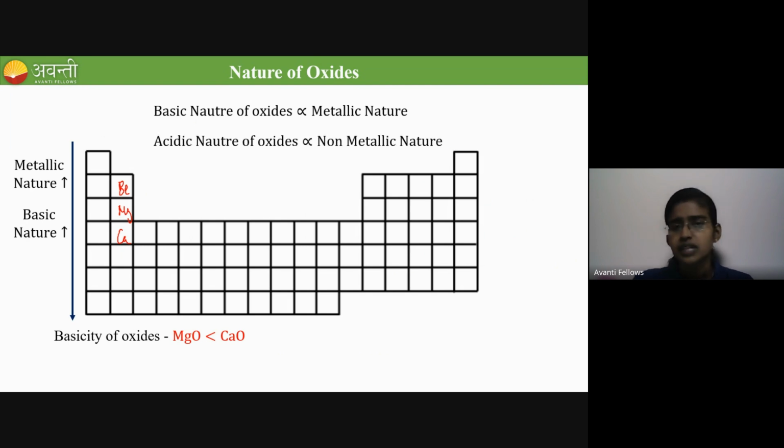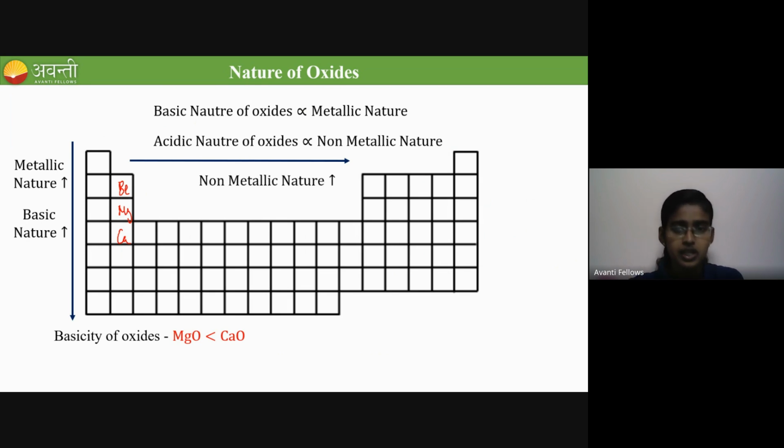The acidic nature of an oxide is directly proportional to the non-metallic nature. Across the period, non-metallic character increases, and acidic nature increases. So if I want to compare phosphorus, silicon, chlorine, chlorine is the most non-metallic and also the most acidic. Comparing the acidity of phosphorus oxide and chlorine oxide, obviously Cl2O7 is more acidic compared to P2O5.